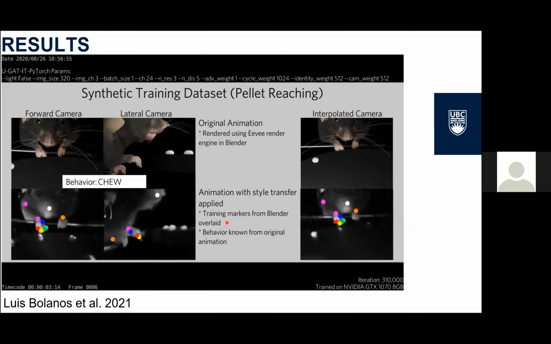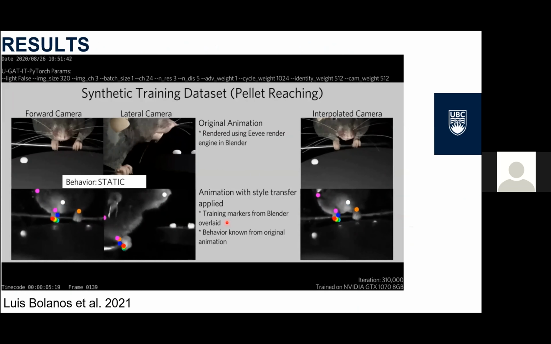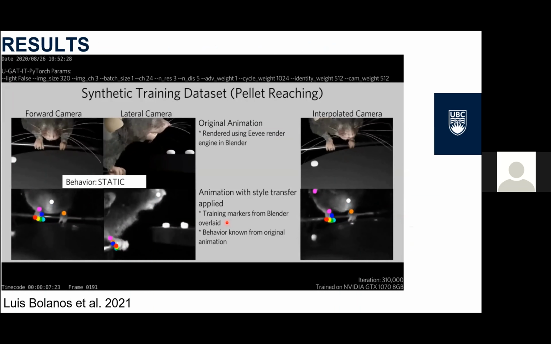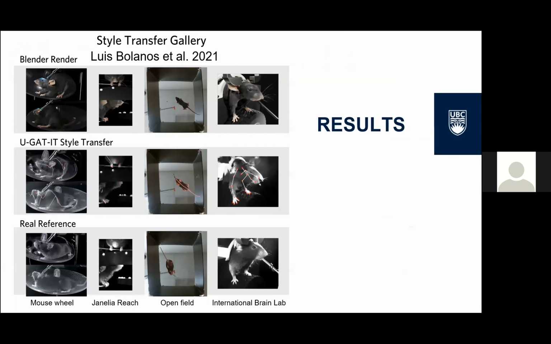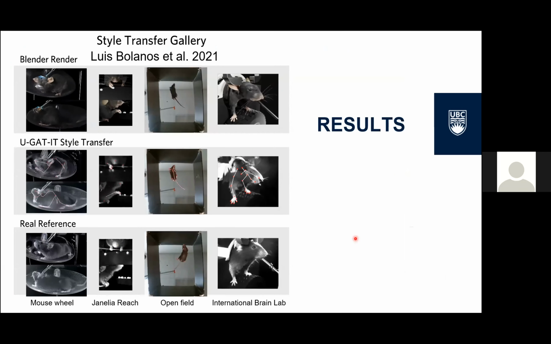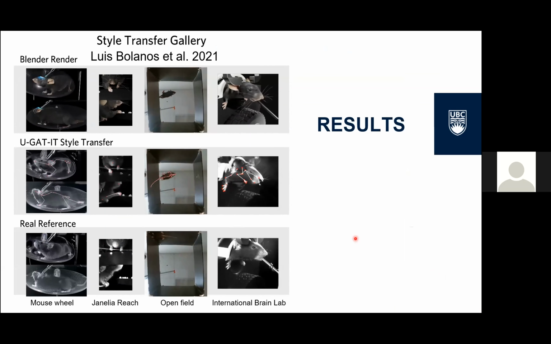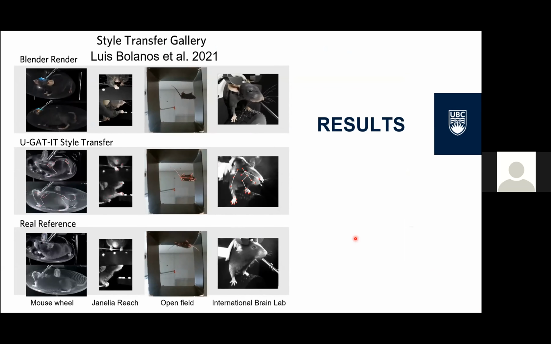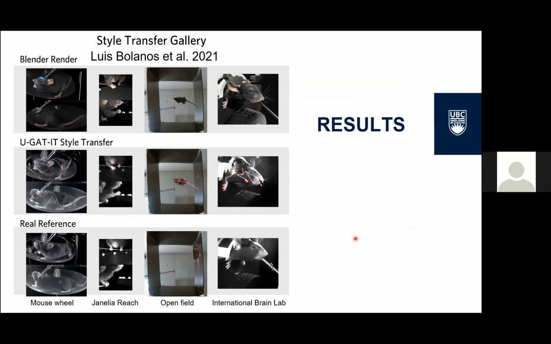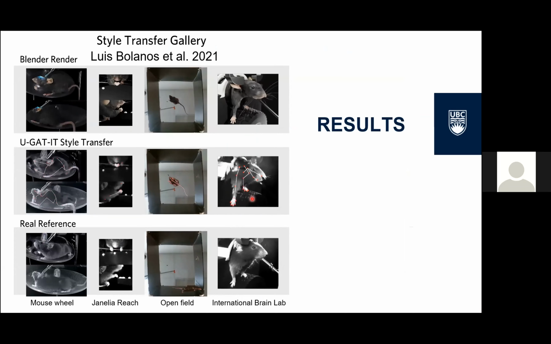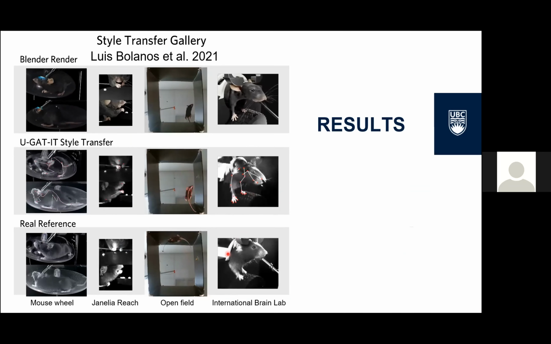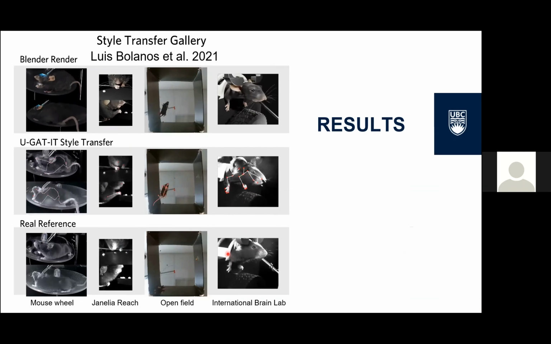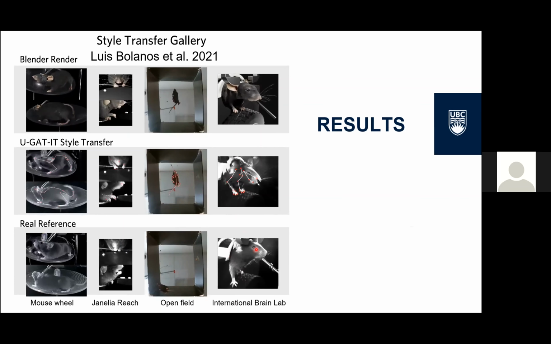Here are some videos showing the performance of our image transformation algorithm. And here are some more videos showing the performance of the image domain transformation algorithm. If you compare the UGATIT style transfer video with the real reference, I think the difference between them is relatively small.